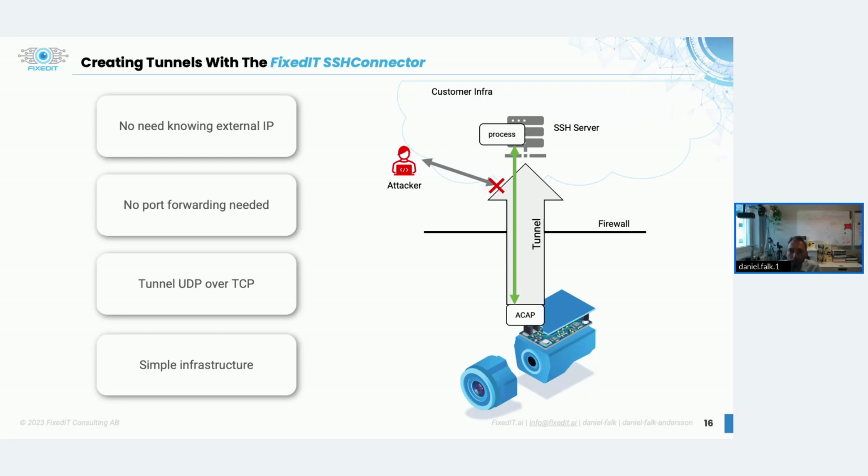So then your client might fall back to RTSP over TCP or RTSP over HTTP, which might go through the firewall. But with this kind of forwarding, all the traffic is always tunneled through the same protocol. So from the firewall, it always looks like just outgoing SSH traffic.